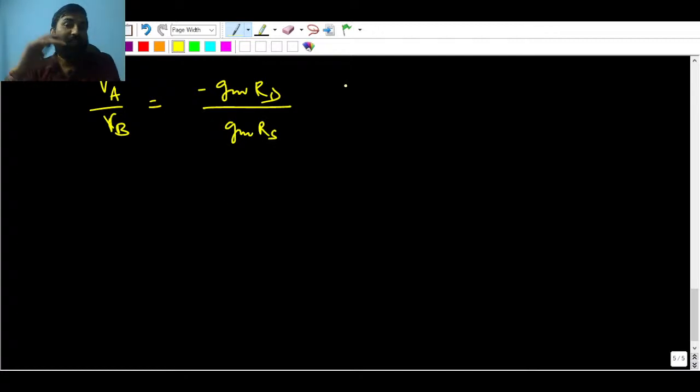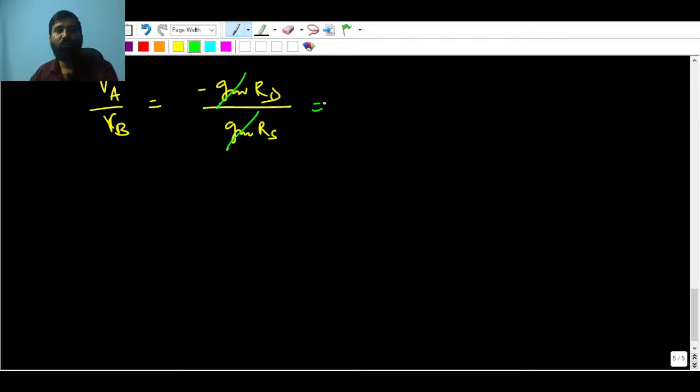So let me write here that VA upon VB will be minus Gm RD upon Gm, because 1 by Gm RS is present in both the gains, whether it is a common source amplifier or a common drain amplifier. I hope this makes sense. So Gm will get cancelled, definitely, so you can happily cancel them.